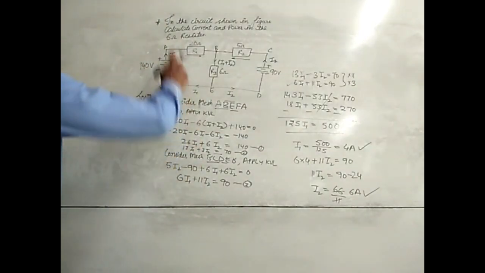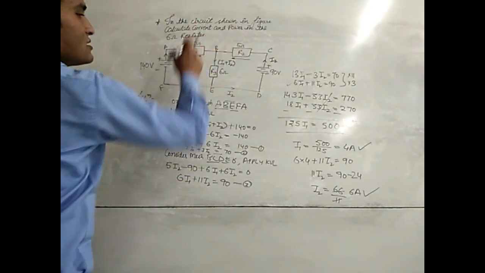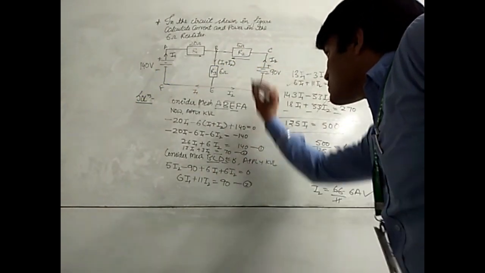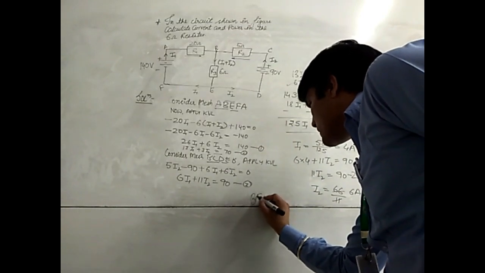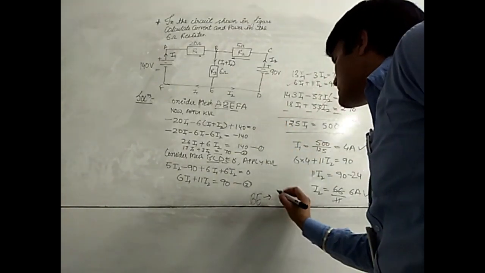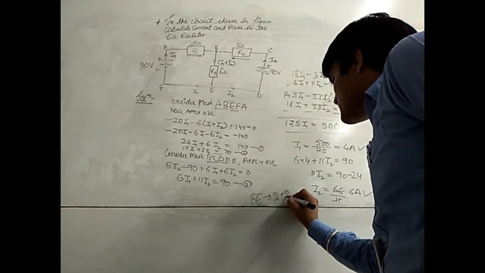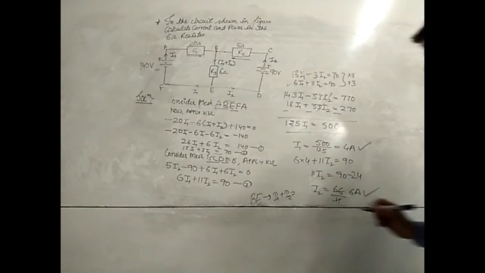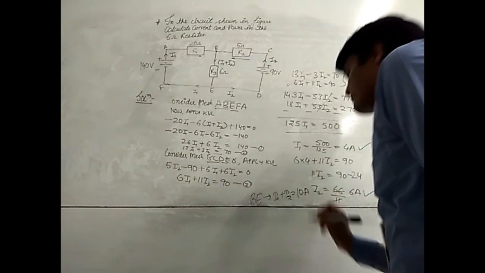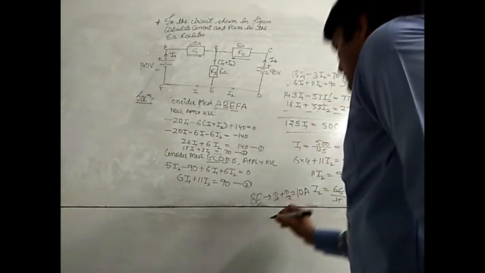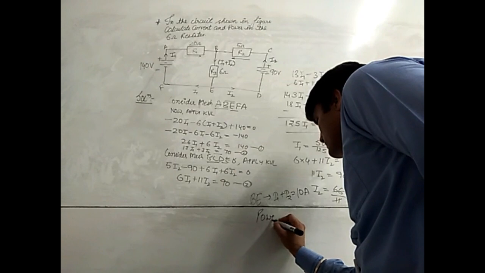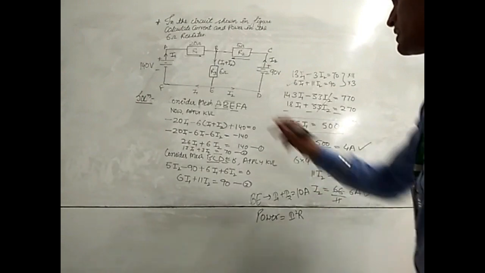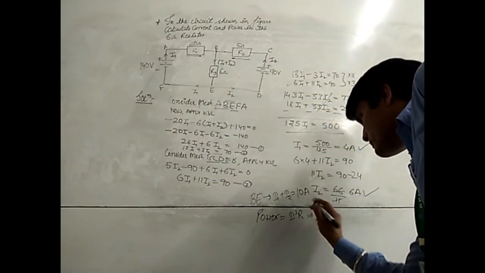Our aim was to calculate the current and power in the 6 ohm resistor. Through the 6 ohm resistor, branch BE, how much current is flowing? I1 plus I2, and I1 is 4 ampere, I2 is 6 ampere. So the total current flowing is 10 ampere. Now power. The formula of power is I square R. Here the total current is I1 plus I2, meaning 10 ampere.